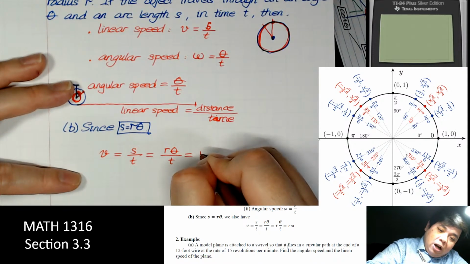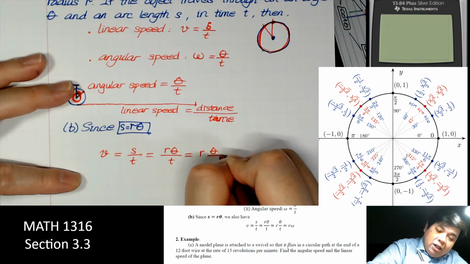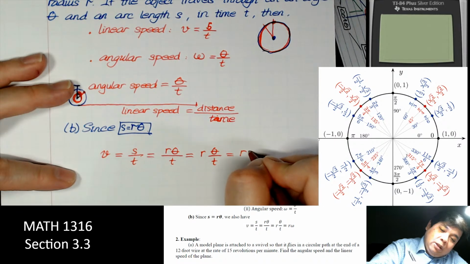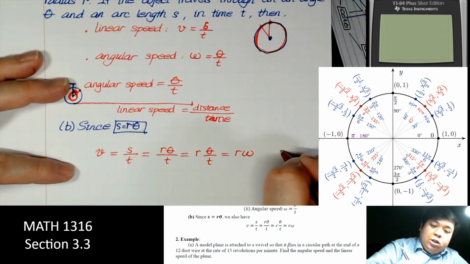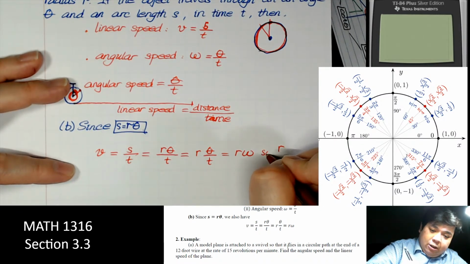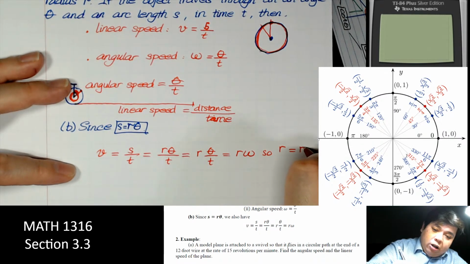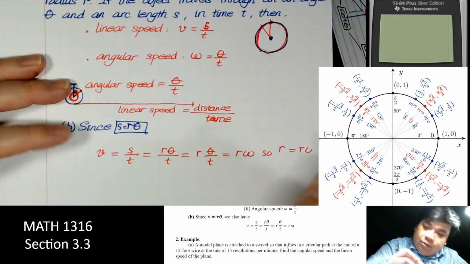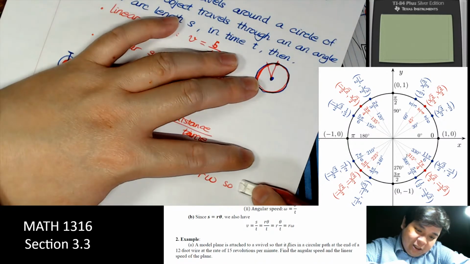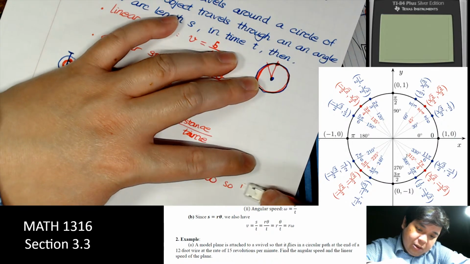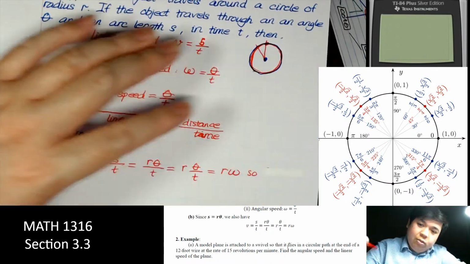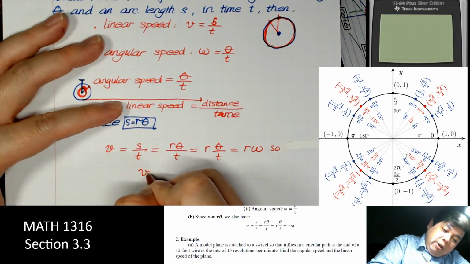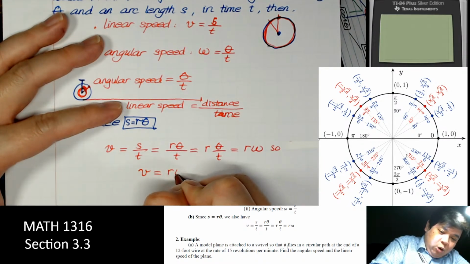So we have r times theta divided by t, which gives v equal to r times omega.